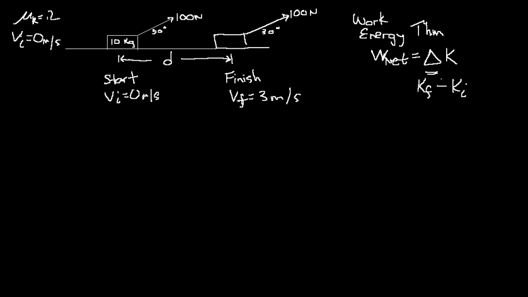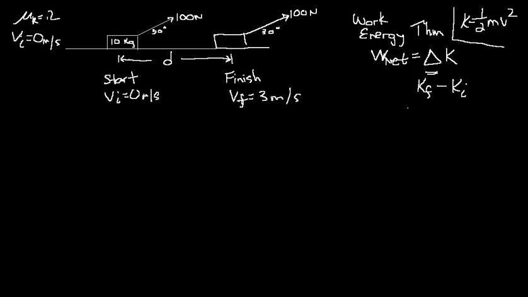So in this case, we're talking about kinetic energy, and so we're going to look for the change in the kinetic energy. Kinetic energy, by definition, is 1/2 mv squared. So let me put it up here. Kinetic energy is 1/2 the mass times the velocity squared. And that square is just on the velocity, okay?